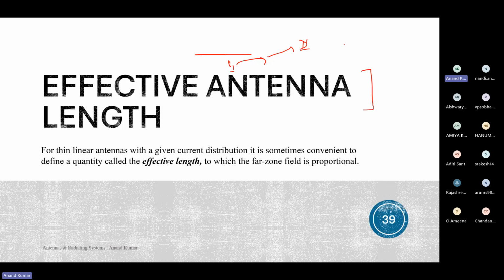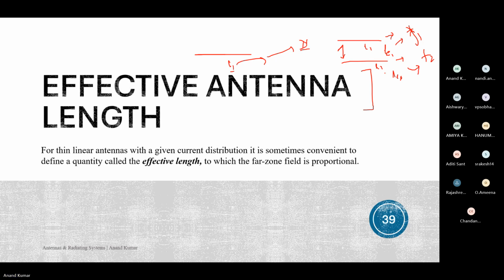For example, it is possible that you have an antenna of length L1 which works at a frequency F1, and then there is another antenna also of length L1, but it radiates at frequency F2, because they do not have the same effective length. So they could have different effective lengths, and hence different frequencies of operation.